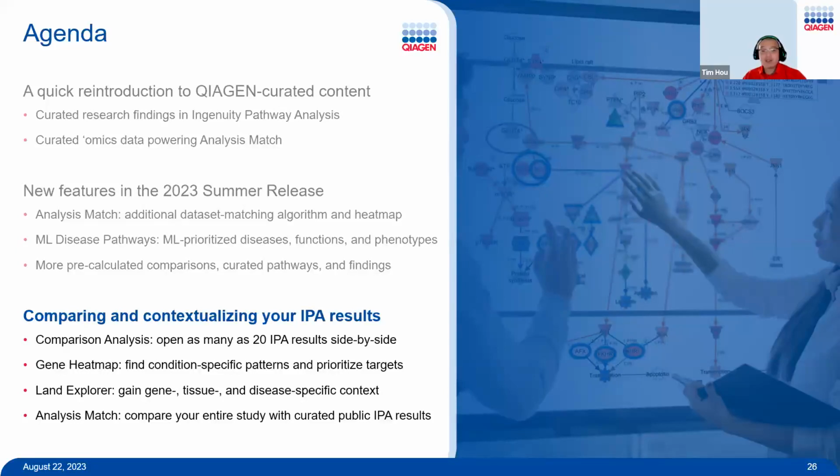So with that, there is a question about a best practices protocol for normalization of the data so that the data that is uploaded into IPA is the same as ones that are done in analysis match. So can you go into how analysis match data sets are processed? Sure. So essentially for analysis match, I'll have to double check exactly what cutoffs are used, but the data within Omicsoft is normalized to 70th percentile FPKM.